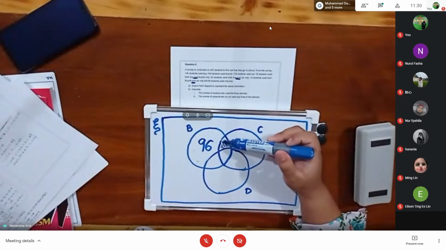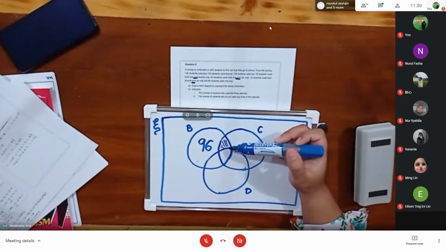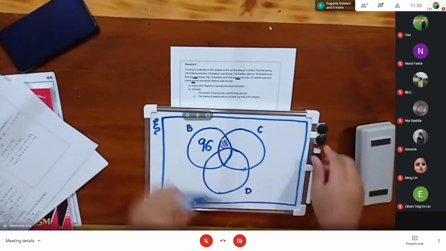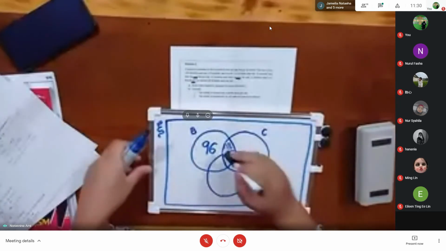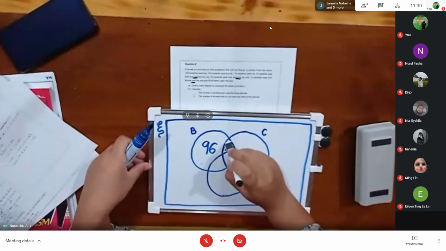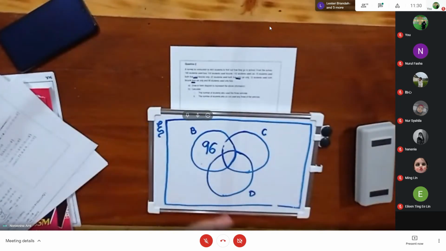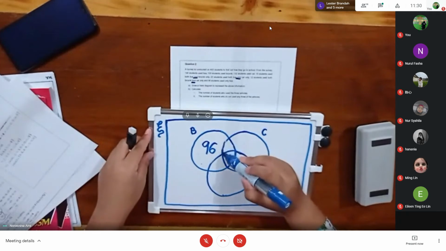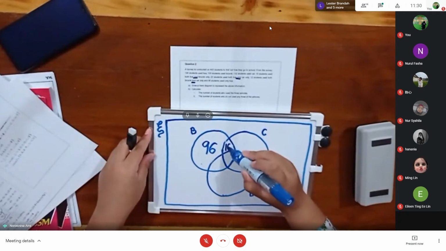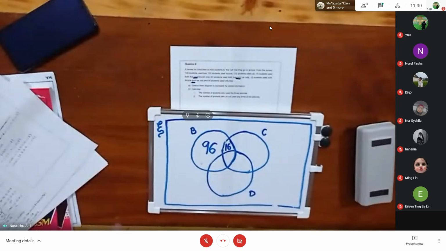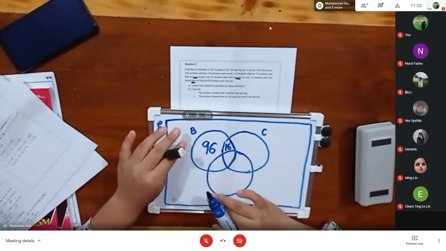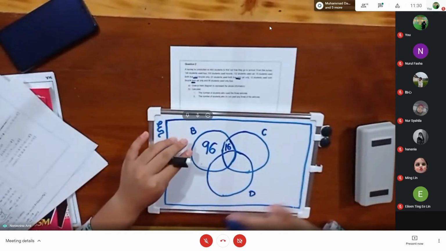But this shaded part is the one who uses bus and bicycle only. So that is correct, that part is 16 students. So here will be 16.